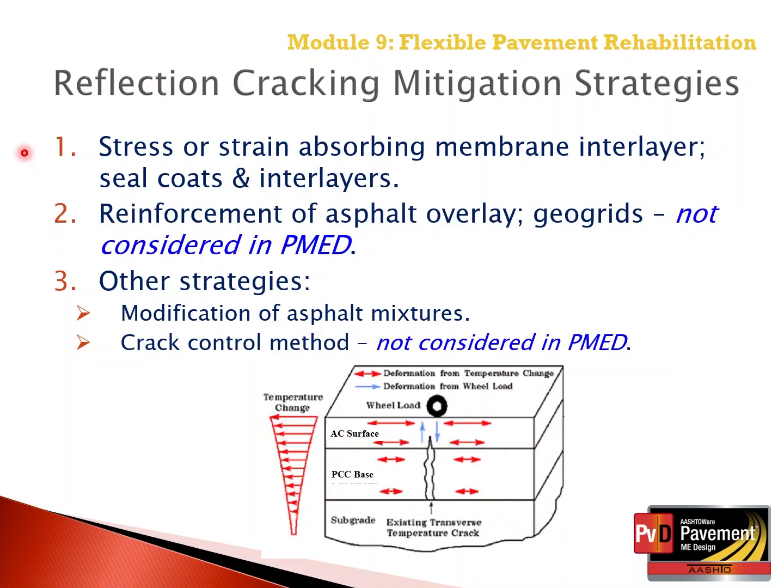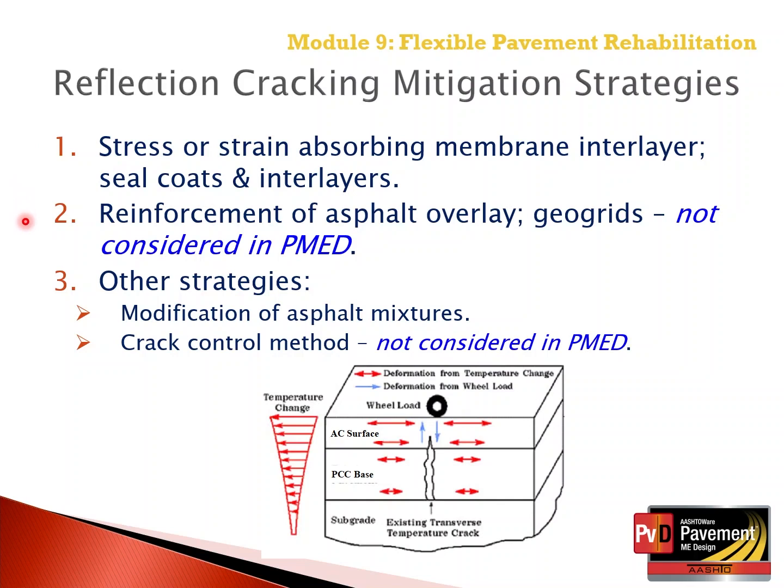So we can use stress or strain absorbing membrane interlayer, such as seal coats and other engineered interlayer, to try to mitigate the propagation of reflection cracks into the asphalt overlay.